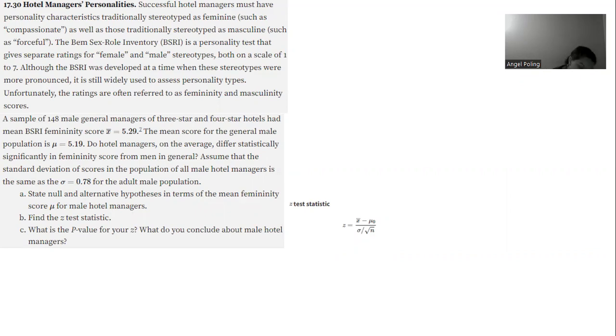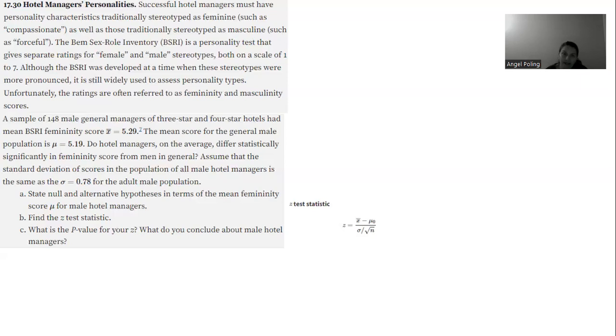The BEM Sex Role Inventory, the BSRI, is a personality test that gives separate ratings for female and male stereotypes, both on a scale of 1 to 7. Although the BSRI was developed at a time when these stereotypes were more pronounced, it is still widely used to assess personality types. Unfortunately, the ratings are often referred to as femininity and masculinity scores.